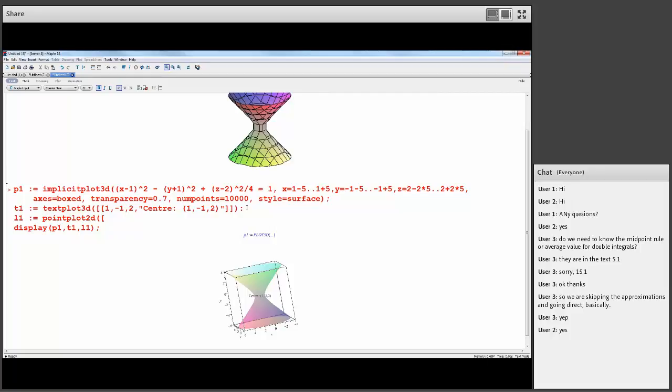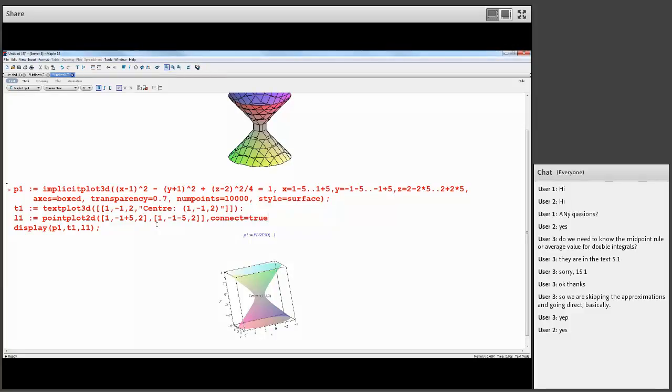So the line would be from 1, minus 1 plus 5, sorry, minus 1 plus 5 to 2. That would be up above here somewhere, if you can see that. And then I want to draw the other end as 1, minus 1, minus 5 to 2. Close my list off, and then I want to connect the dots together, so it draws my line for me.